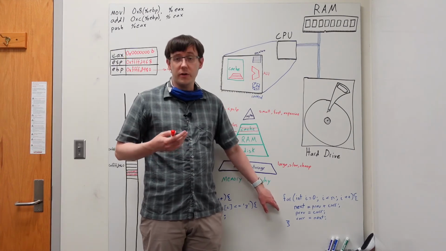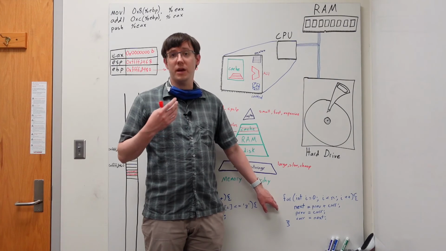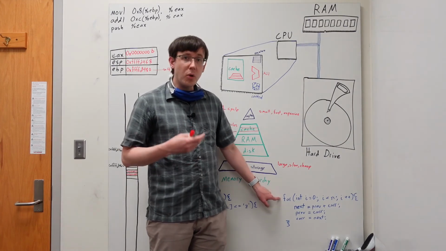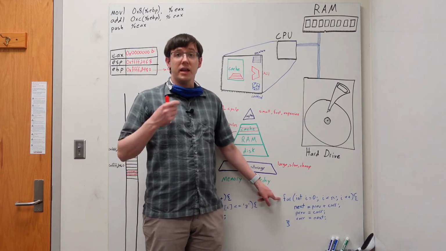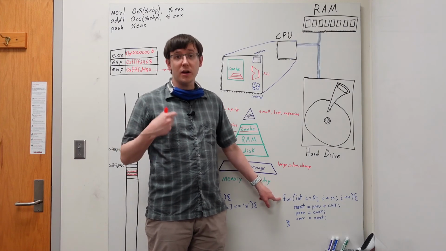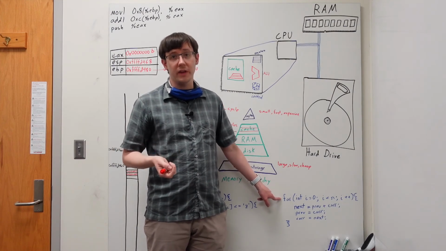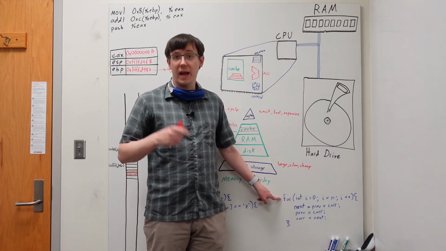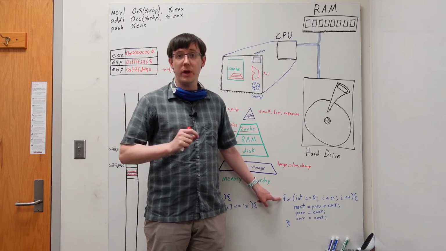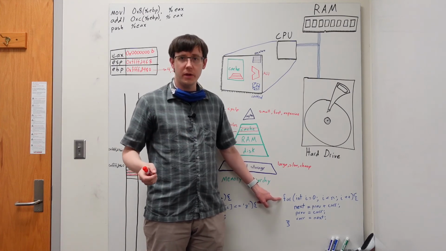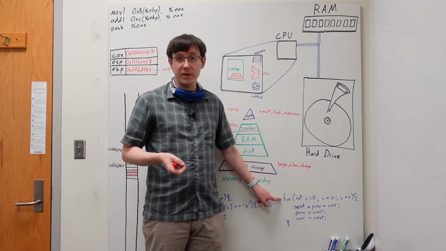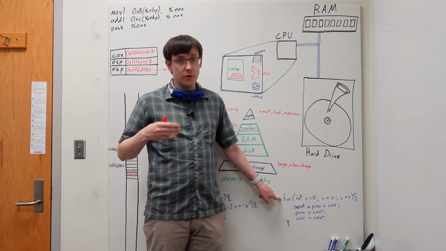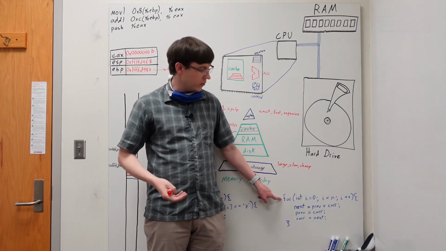Another beneficial heuristic is based on the idea of temporal locality. Temporal locality says that if a program has accessed a particular memory location recently, there's a good chance that it will access that exact same location again soon. Temporal locality happens because we often refer to the same variable over and over again.